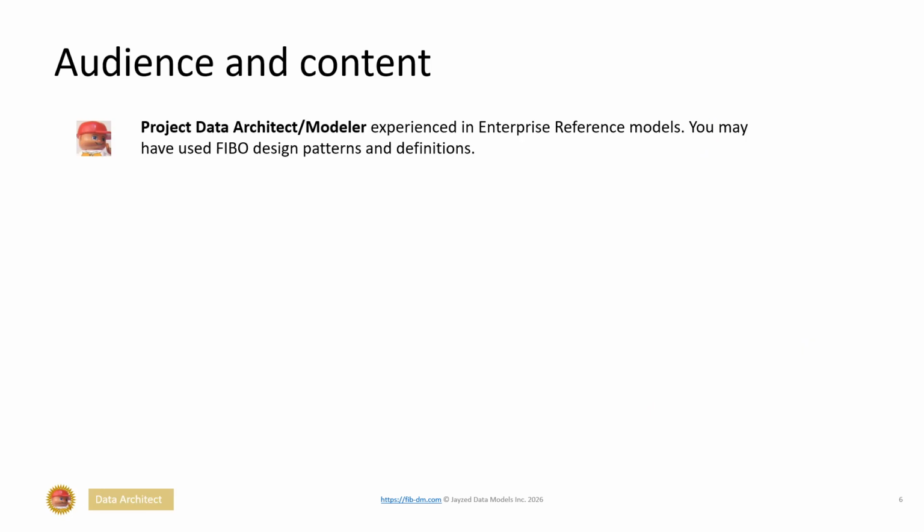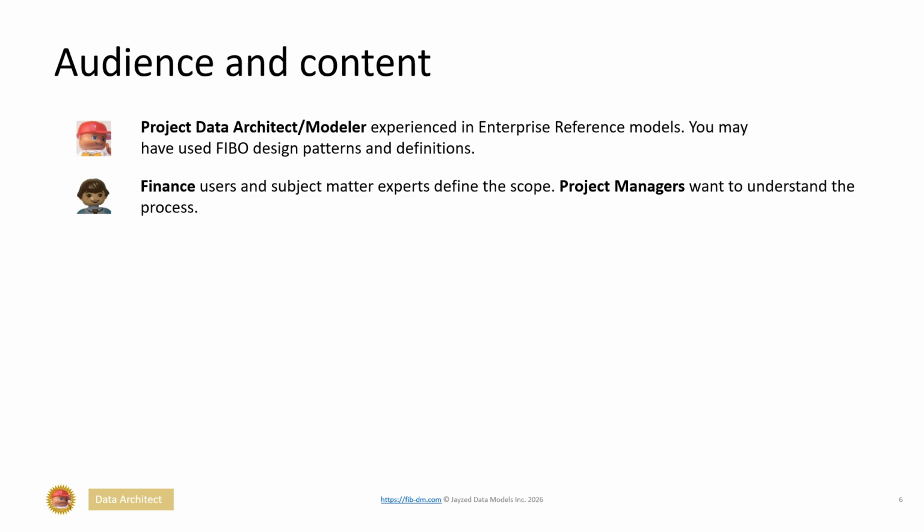Audience and content. This lesson is primarily for project data architects, modelers, with experience in enterprise reference models, and you may have used FIBO design patterns and definitions. Now, finance users and subject matter experts define the scope. Project managers want to understand the process.